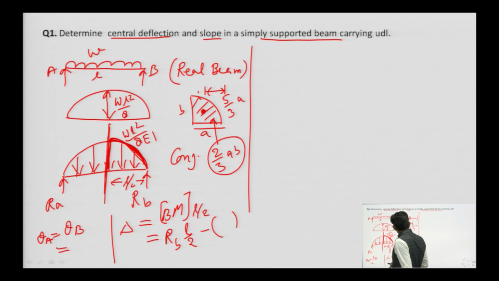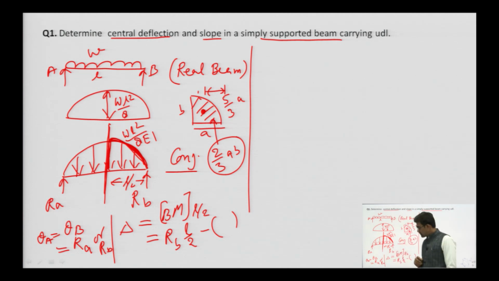So this will be what? Shear. Shear at A in the conjugate beam will be R A or R B.